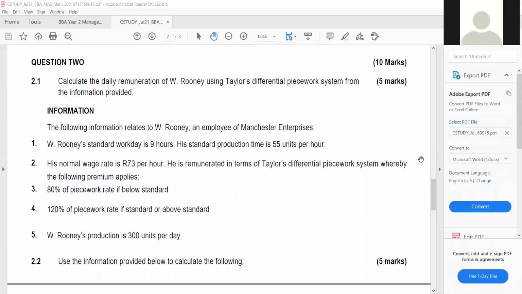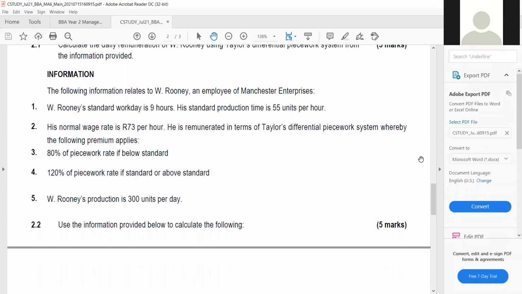So it's calculate the daily remuneration of Wayne Rooney using Taylor's differential piecework system from the information provided. The following information relates to Wayne Rooney, an employee of Manchester Enterprises. Wayne Rooney's standard work day is 9 hours. His standard production is 55 units per hour. His normal wage rate is 73 Rand per hour.